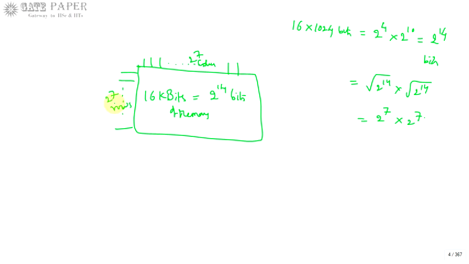To identify or point out one row out of 2 power 7 rows, it requires a row decoder. That row decoder, decoder means n to 2 power n. Remember this one. So 2 power 7 lines it requires at the output side. So you must give inputs as 7.